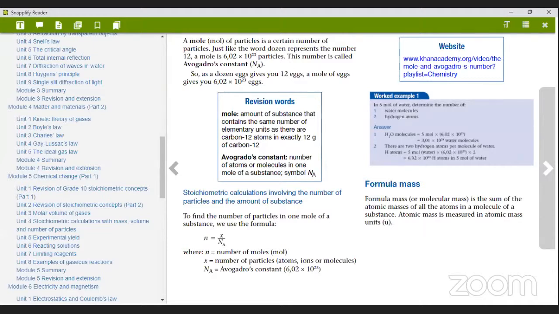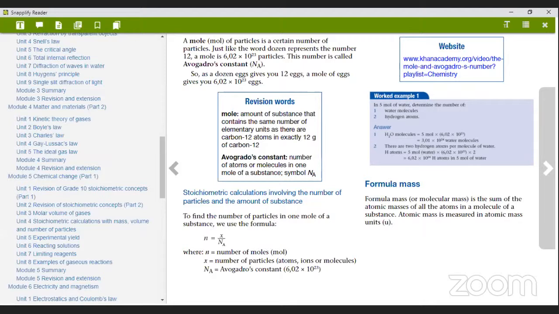Basically, in water molecules, 5 mole times the Avogadro constant will give you 3.01 times 10 to the power of 24 water molecules. So it's like we're going to say 5 times 6.02 times 10 to the power of 23 times 1, because it's one molecule that we're dealing with here.